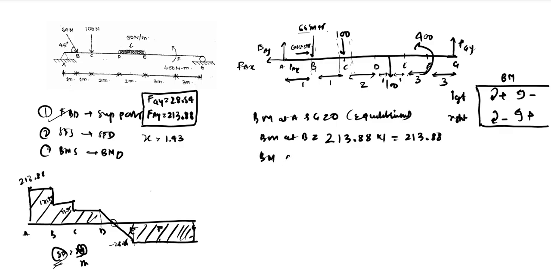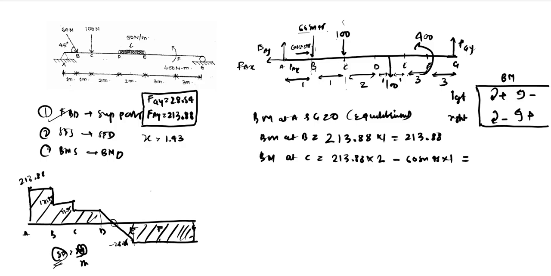We have the bending moment at C. If you cross the beam somewhere here at C, you can see on the left side how many forces there are. So we have FAY, which is nothing but 213.88, into the distance between A to C, which is 2, in the clockwise, minus 60 sin 45 into 1, because it is an anti-clockwise movement.